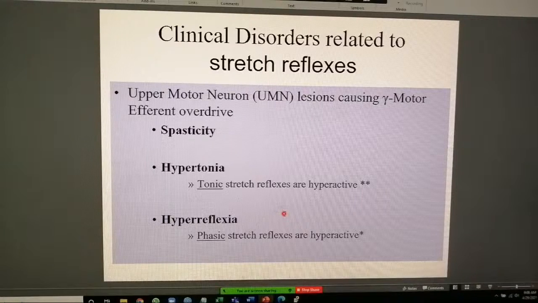So, as I mentioned yesterday, today we'll be looking at clinical scenarios, clinical disorders relating to the discussion that we've been having regarding the stretch reflex.